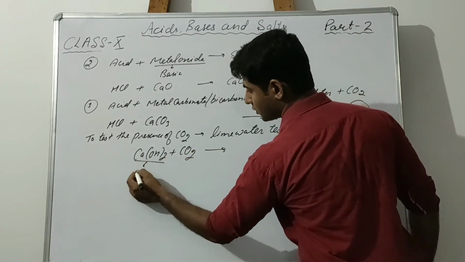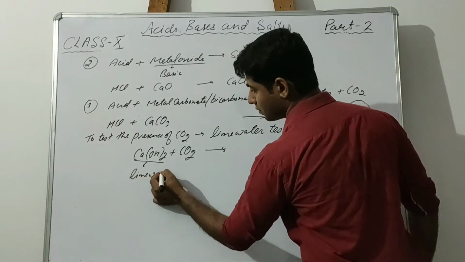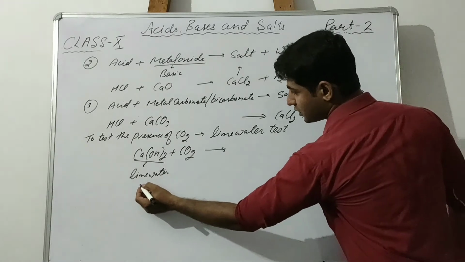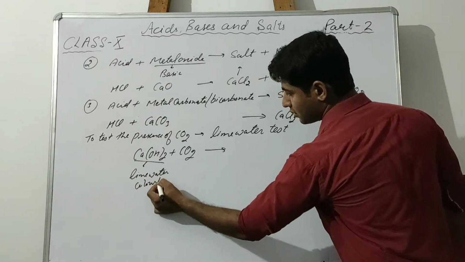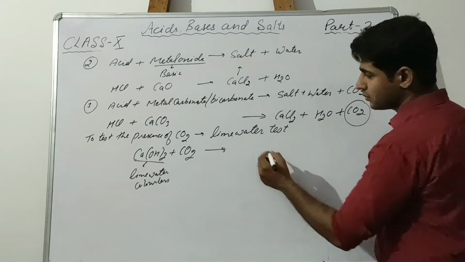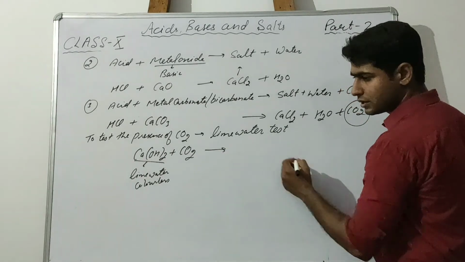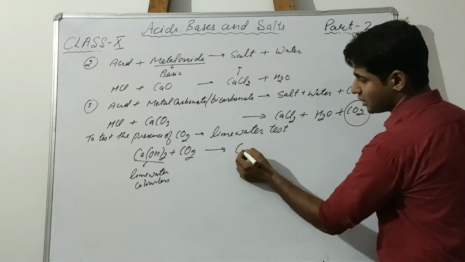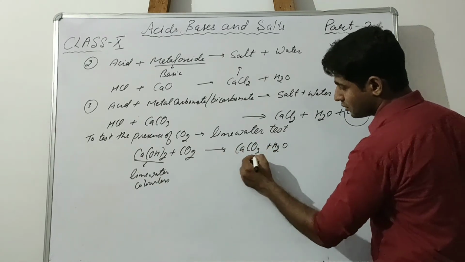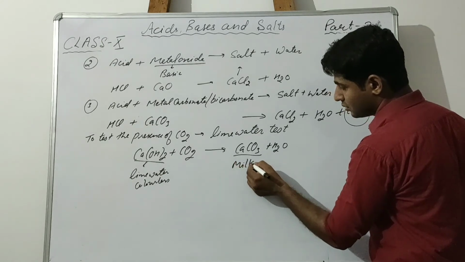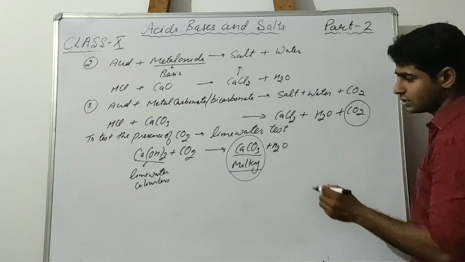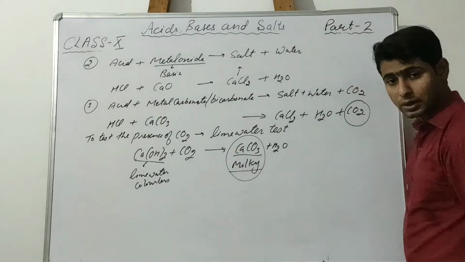This is our lime water, and it is colorless. When we pass carbon dioxide through lime water, it turns milky by the formation of calcium carbonate. As it turns milky, this shows the presence of carbon dioxide.